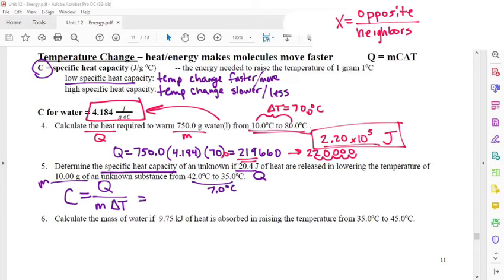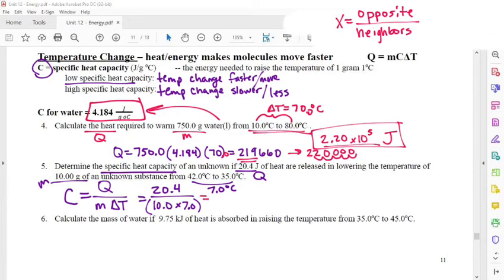And when we plug all of those numbers in, make sure that in your calculator you're dividing by the M and the delta T. Even though they're on the bottom and being multiplied together, you either need to do that multiplication first, or you need to use parentheses around that denominator like I have here.